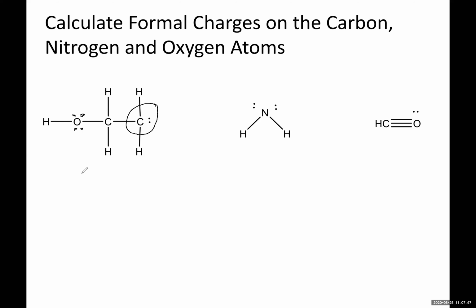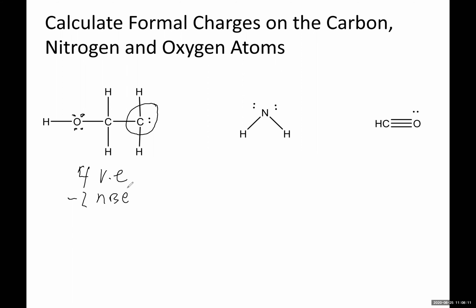So formal charge equals the number of valence electrons in the neutral atom. Since carbon is in group 4A, it has four valence electrons. You subtract the total number of non-bonded electrons, which is two, right? There's one lone pair. So we subtract two non-bonded electrons.